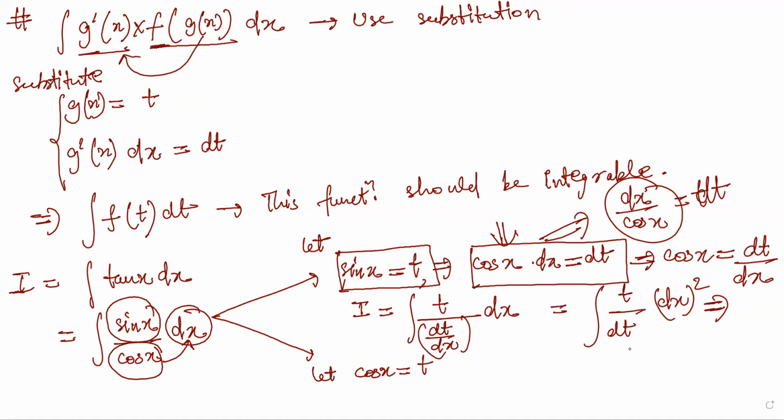And one more thing is we can't have two variables in the same expression, like t and x. If we are substituting, it means that everything has to be in t now. But if we do not substitute, we are not able to substitute dx. And third, we cannot have these derivatives dt, dx in the denominator. So there are three problems related to this. We cannot approach it this way. This is a wrong approach.